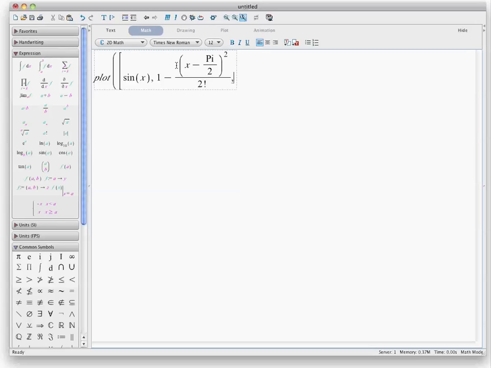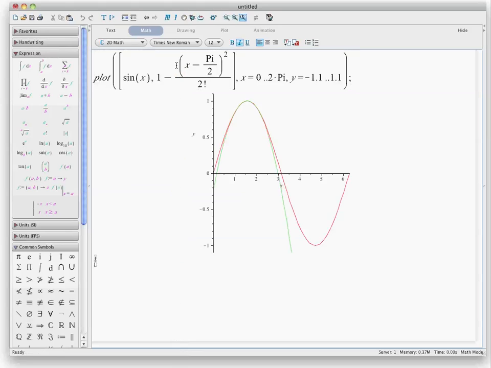And let's go ahead and do this from x equals 0 to, let's go up to 2 pi. And y equals, let's say, negative 1.1 to 1.1. That should give us a halfway decent picture.